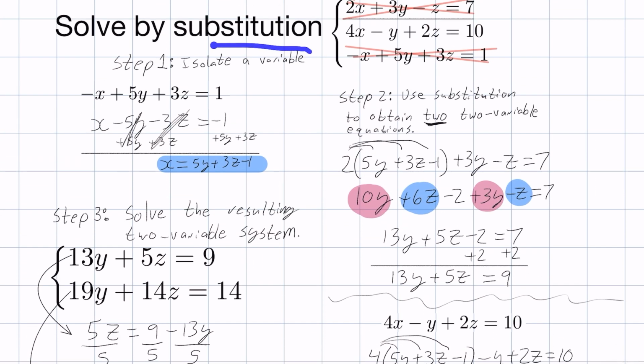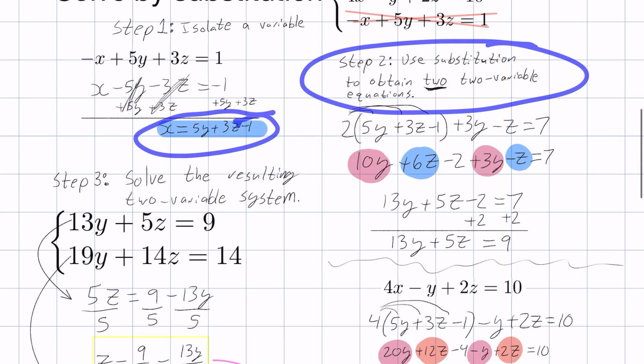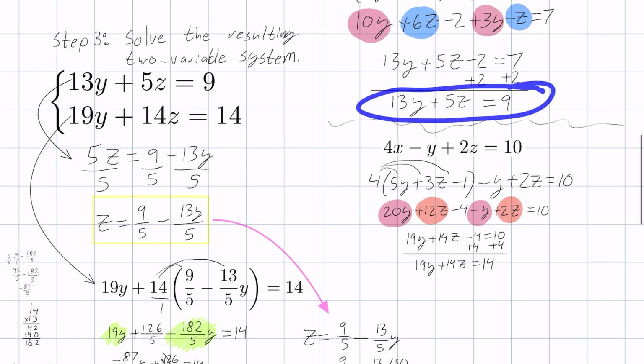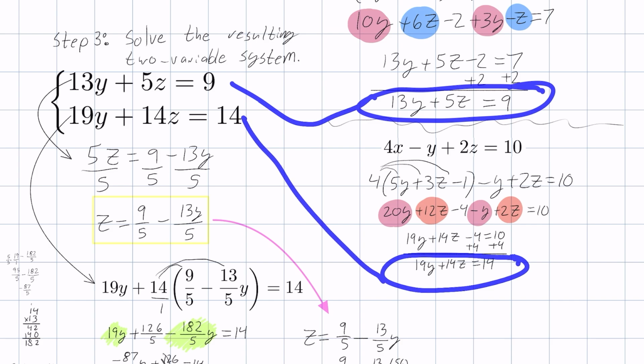Step 1, we isolated a variable of our choice. We picked x. Step 2, we used substitution in two different equations to obtain two variable equations. So we did it to the top equation and got this. We did it to the middle equation and got this. We then moved those here.